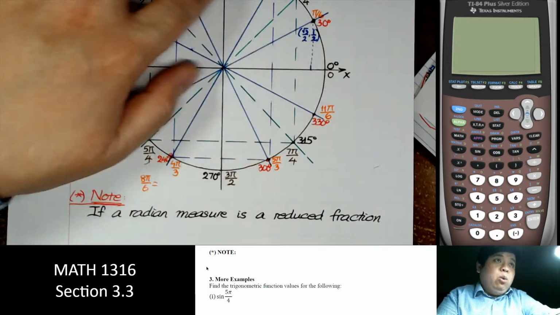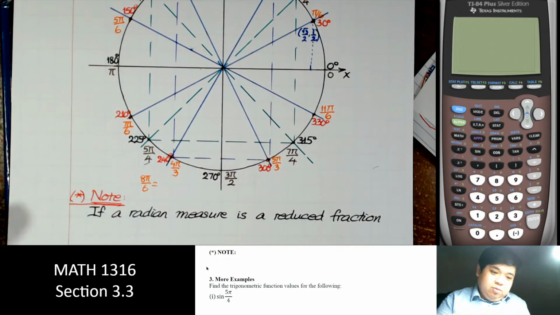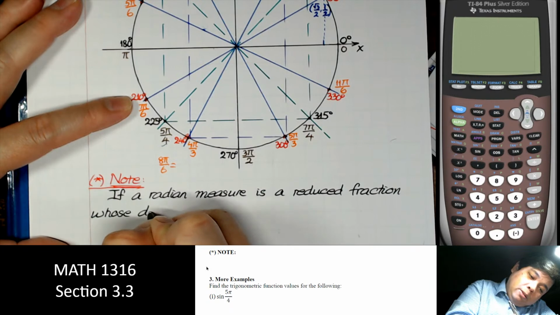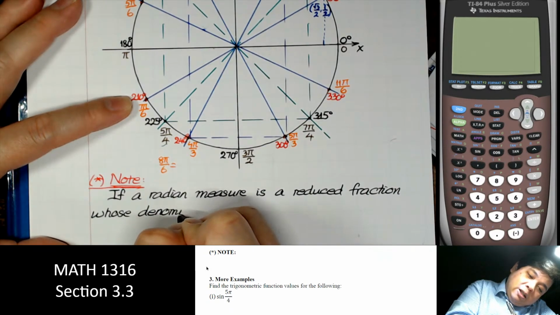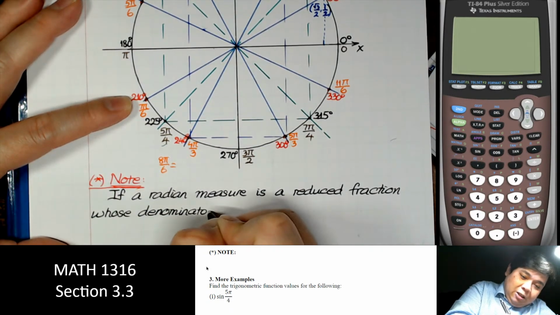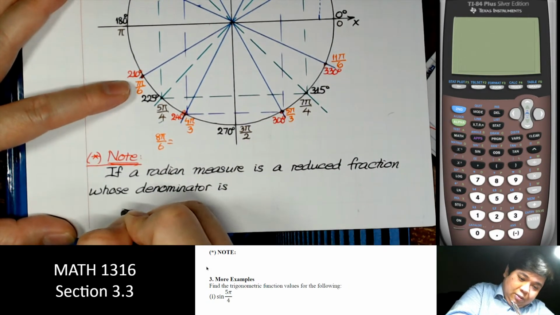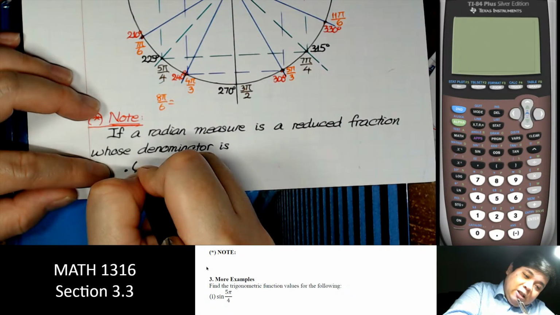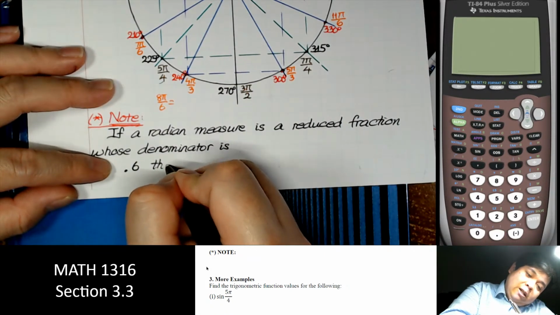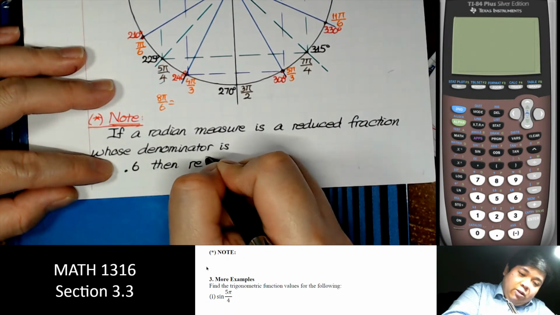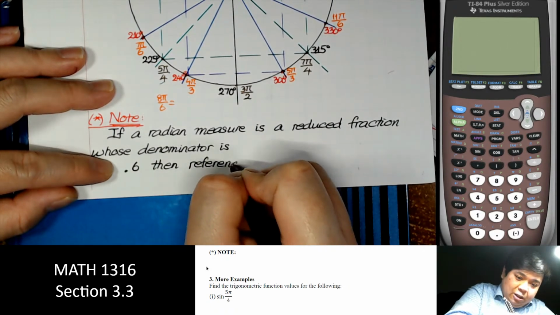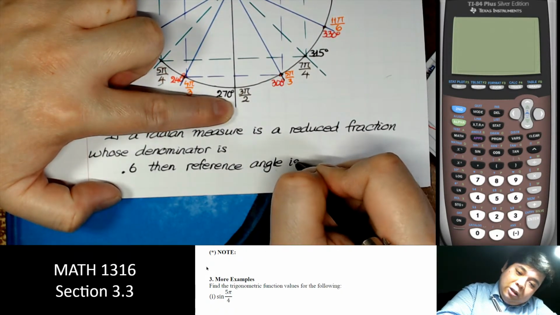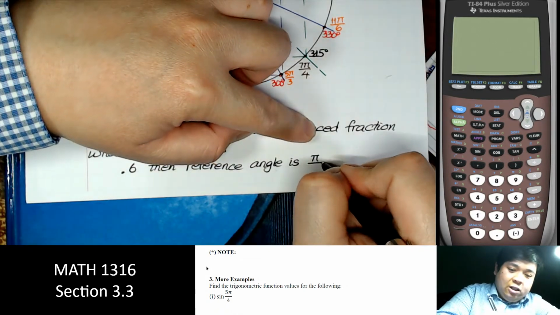So if we write the radian in the reduced fraction, if the denominator is 6, then the reference angle is pi over 6.